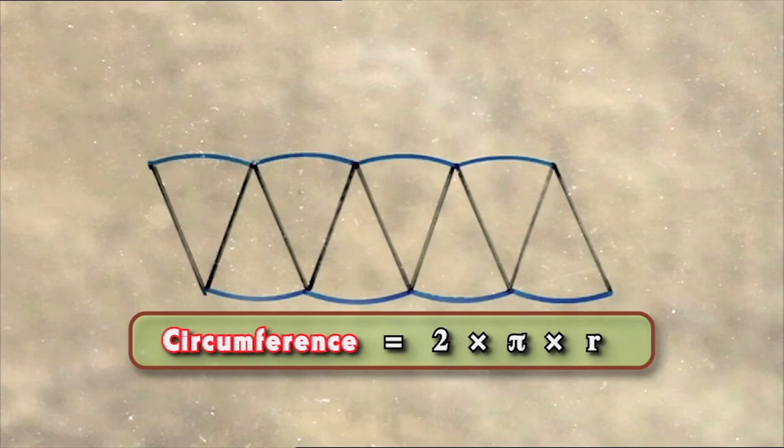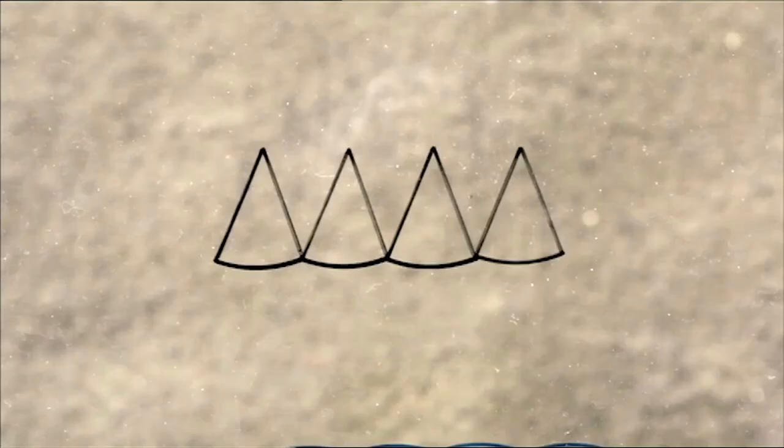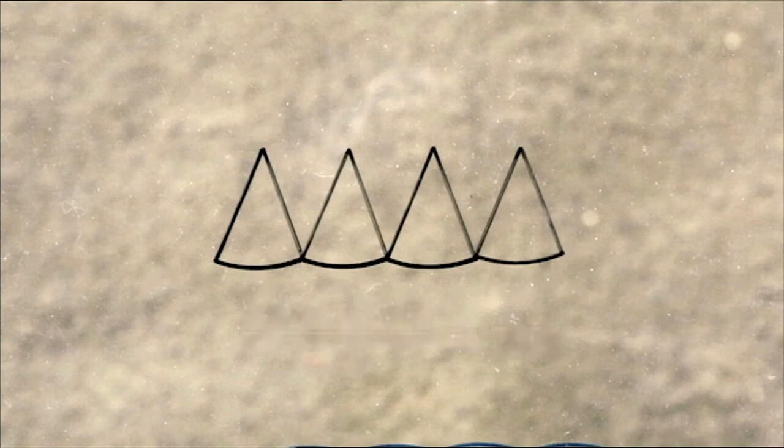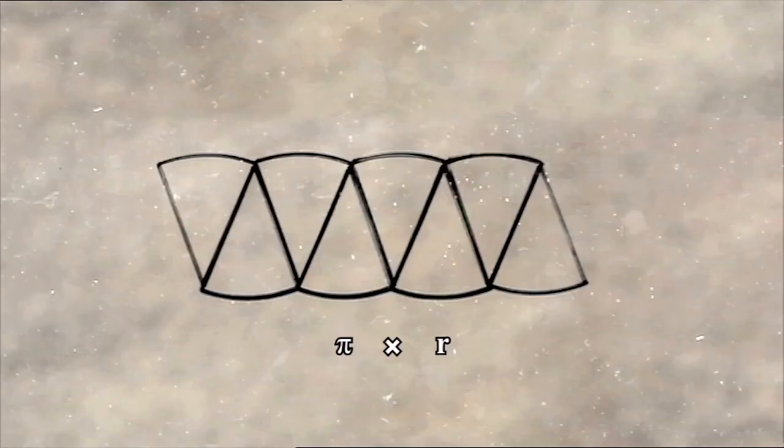That means the length of the two sets of arcs is equal to 2 times pi times r. The length of the base must be half of the circumference, in other words, pi times r. Hence, the length of the lateral side is r, and the length of the base equals pi times r.